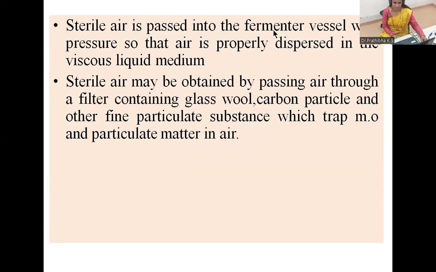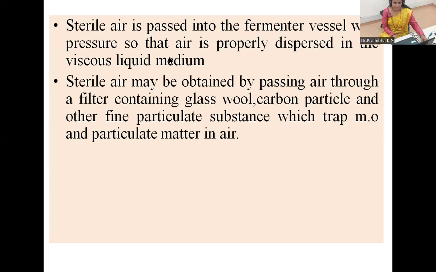Sterile air is passed into the fermenter vessel under pressure so that the air is properly dispersed in the viscous liquid medium. With proper pressure, the air must be sent from the bottom to the top of the fermenter vessel in association with the impellers.